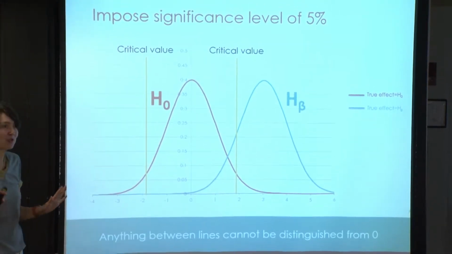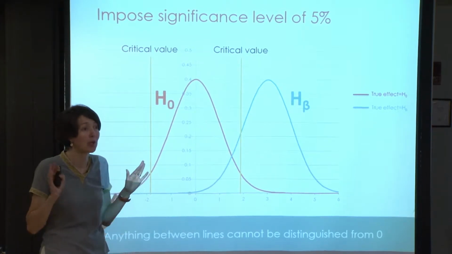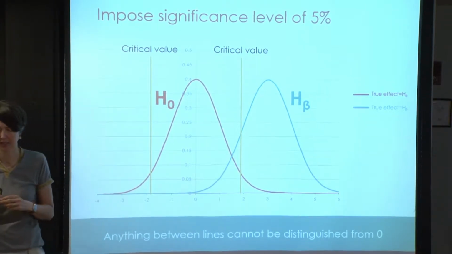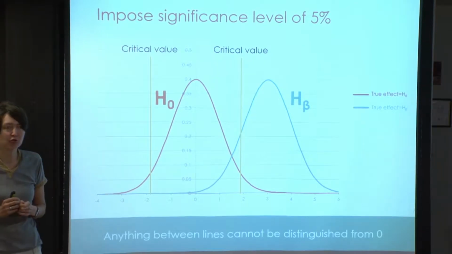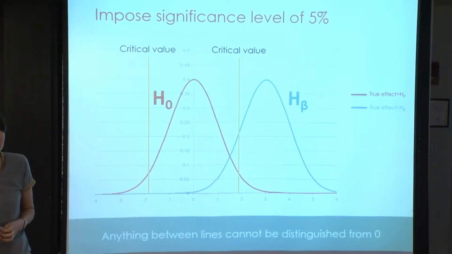I still haven't told you whether it's statistically significant. We still don't know that yet. We know one is more likely than the other, but that doesn't tell us what's statistically significant. For that, we draw on something called critical values and significance level.